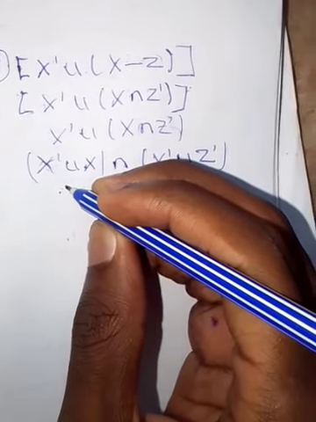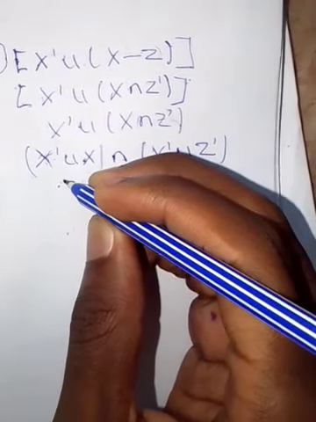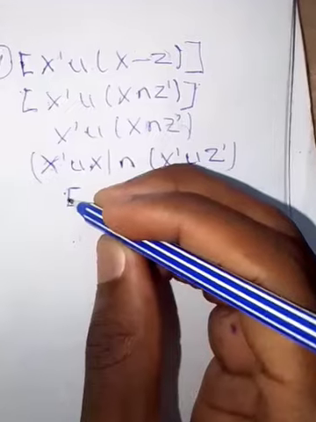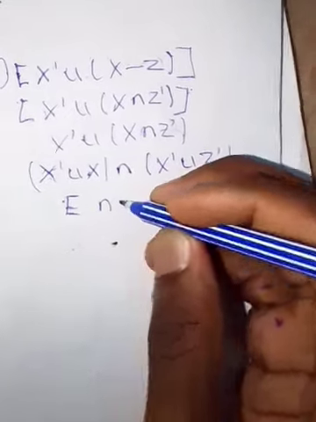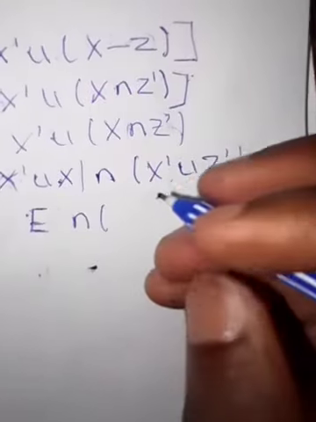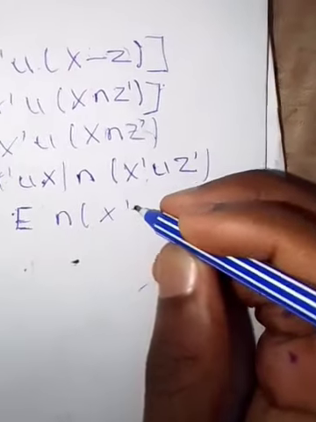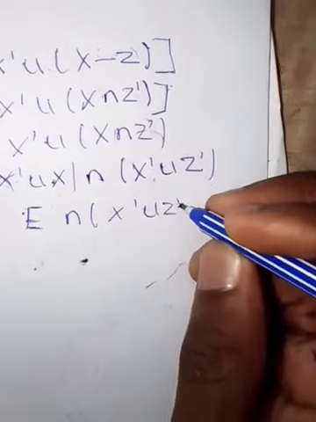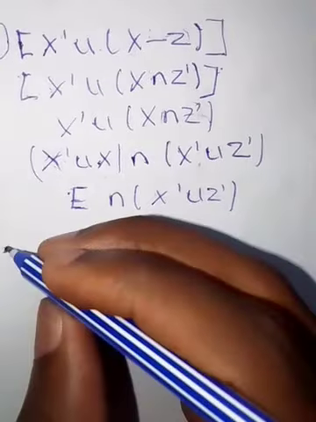We are going to get back the universal set. So we're going to say universal intersected with x complement union z.